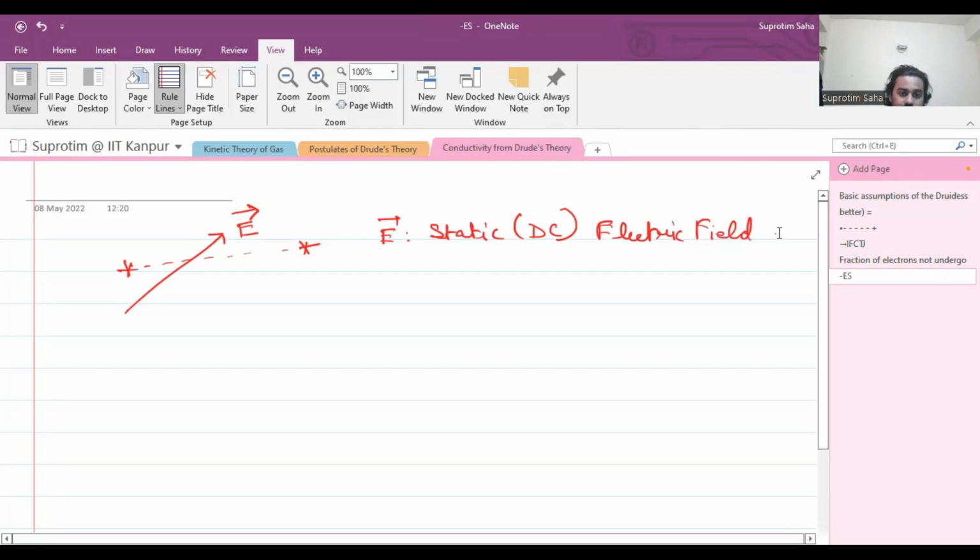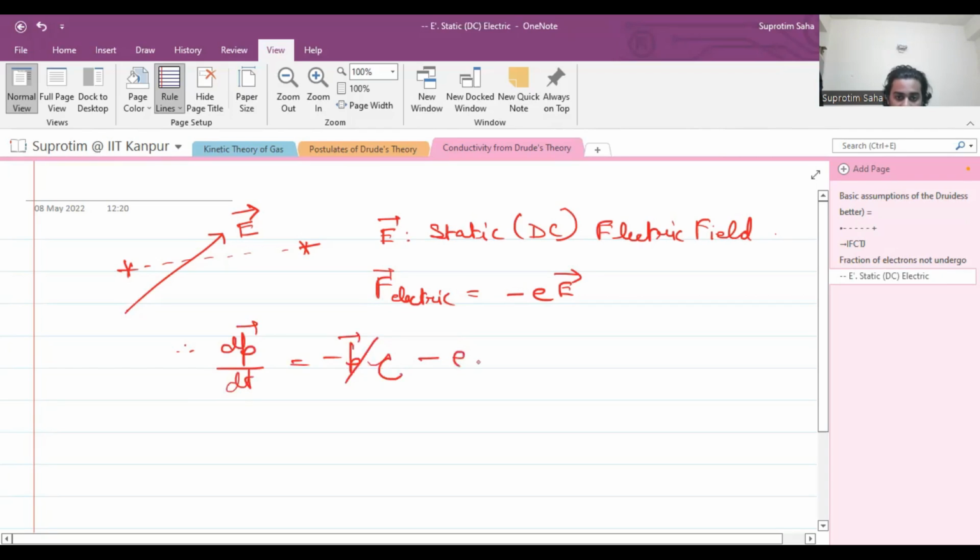All right then. The force due to the electric field is minus e times the electric field. So what we should write is dp/dt equals minus p over tau minus e times the E vector.